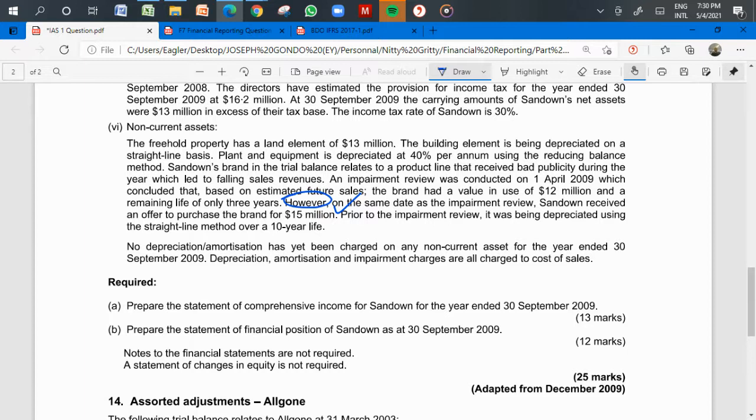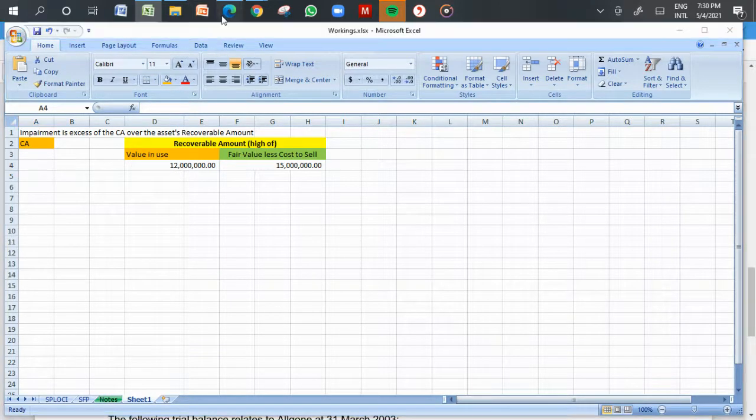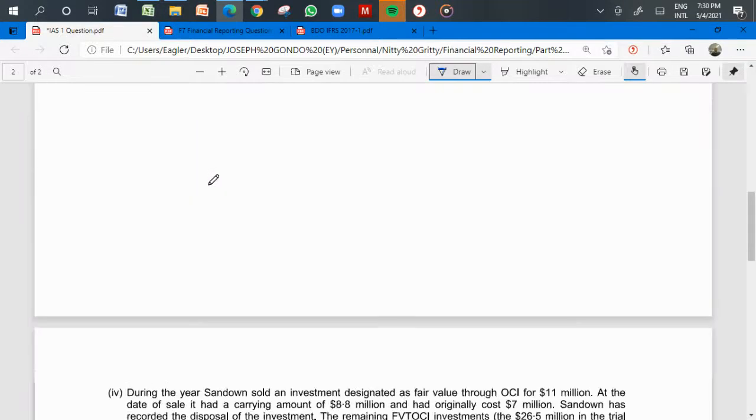Are we told about any cost to sell the brand? No. So this becomes our fair value. So we have a fair value of 15 million.